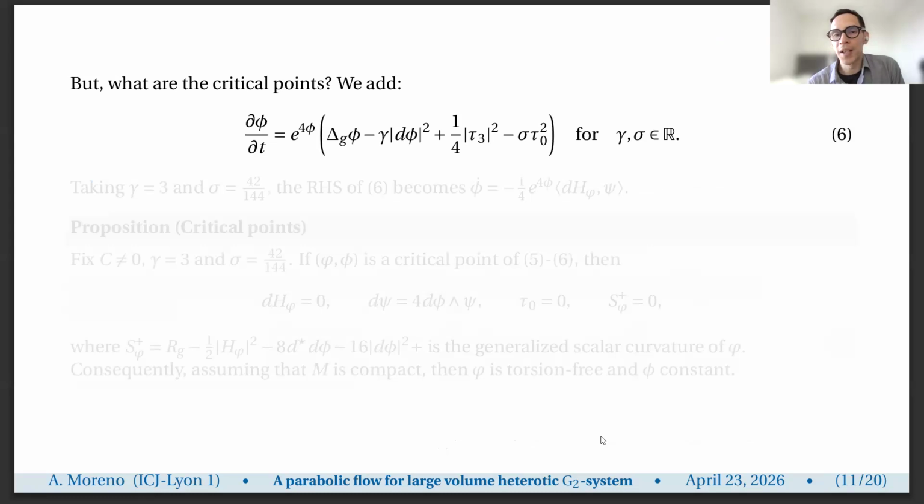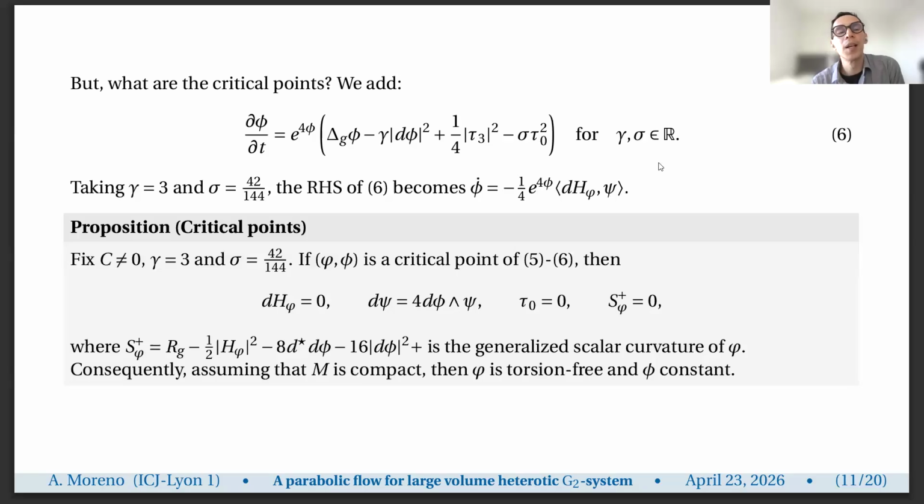So what we propose as an evolution for the dilaton was this modified heat type equation, where the lower order terms correspond to the torsion of the G2 structure and the differential of the dilaton. For this family of equations given by any parameters gamma and sigma, we can recover many properties for this coupled flow.